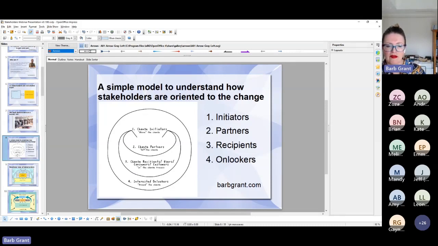And then, of course, last but not least, we have all of our onlookers. Anyone who's ever worked on any change of any size will be aware that there are always a range of players around the periphery of what we are doing who are not directly impacted, but do have some kind of a vested interest in what's going on, sometimes benign, sometimes not so much, who can have a huge impact on the success of what we're delivering, on the adoption.